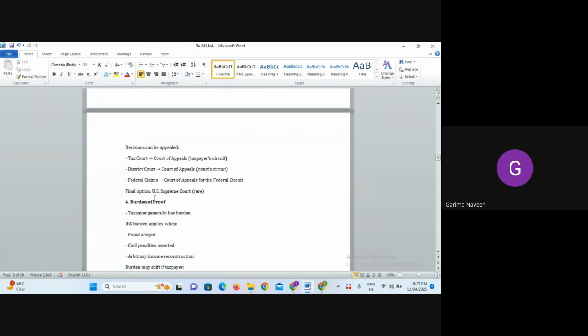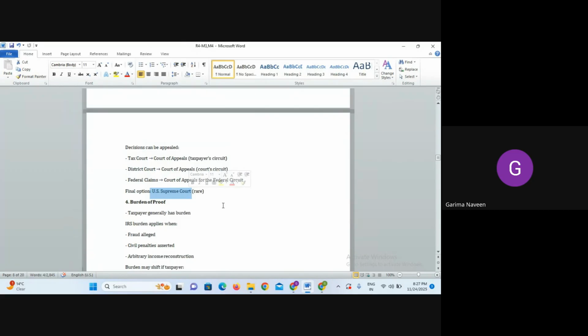So final option is your US Supreme Court. US Supreme Court is the highest court in the nation and is the last level of appeal here. So any cases which are not resolved in these courts may go for US Supreme Court, but only rare cases will be here.